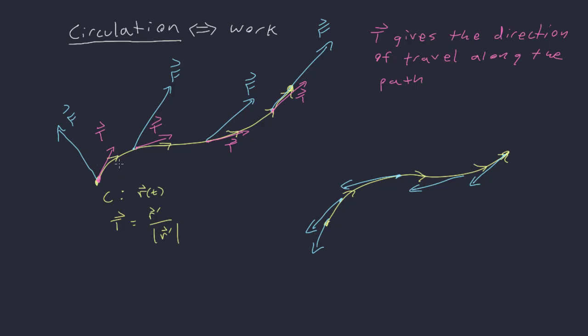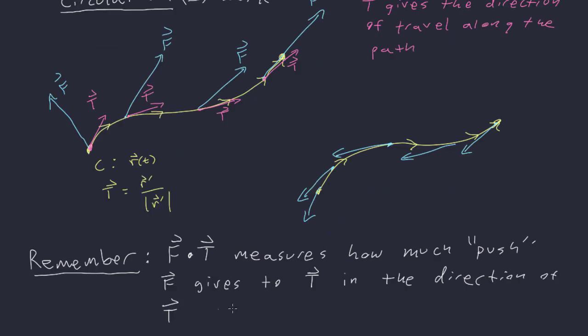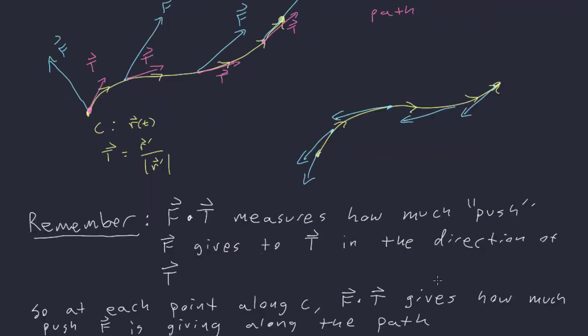So remember, right, that F dot T measures the amount of force F gives to T in its original direction of travel. Okay, so at each point, F dot T is going to tell us how much F is pushing along the direction of our path.